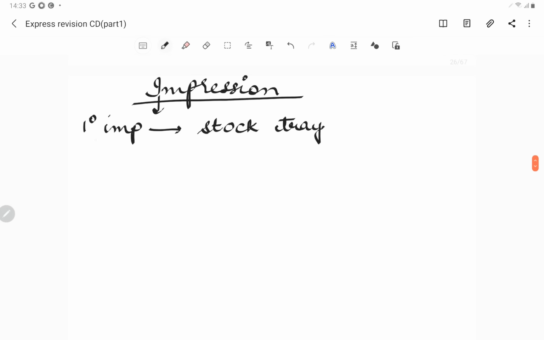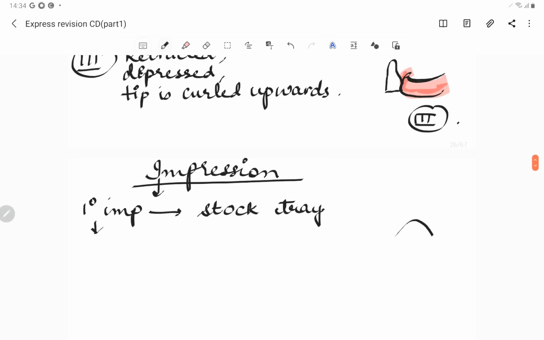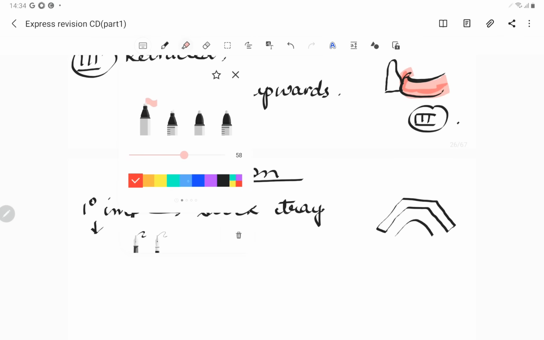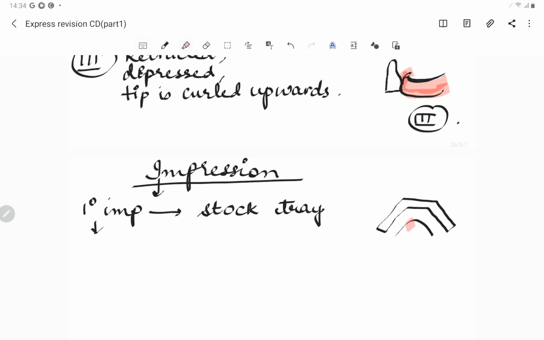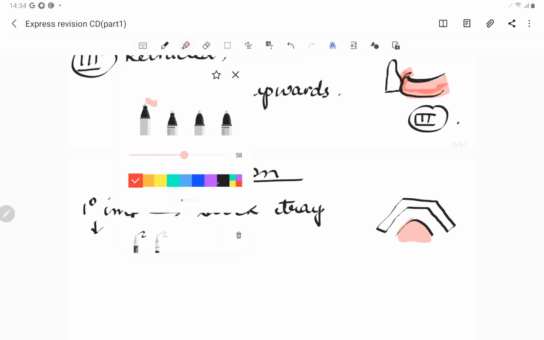So primary impression, the clearance between the impression and the tray. So suppose this is the tissue surface, while we are placing a tray over here, right. So this is a tray. The space between this tissue surface and the tray, right.